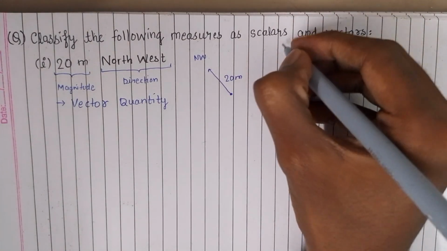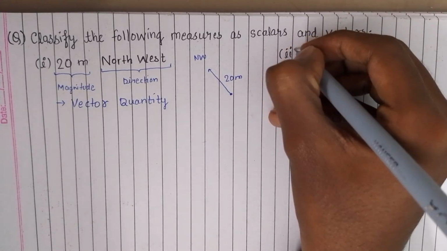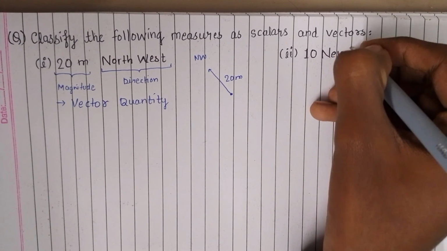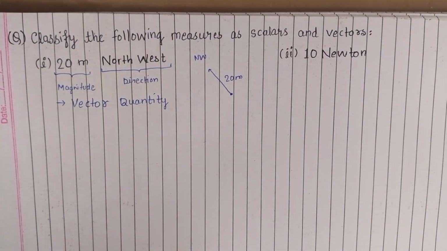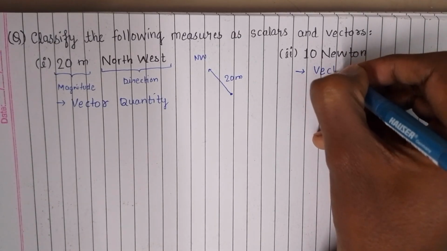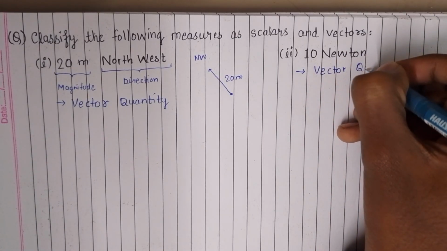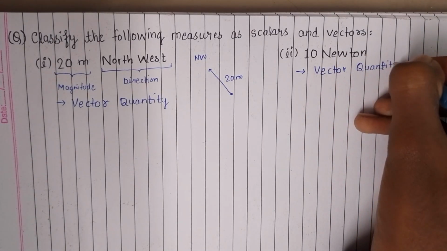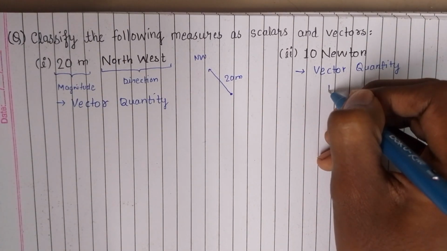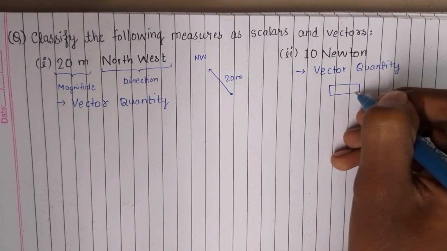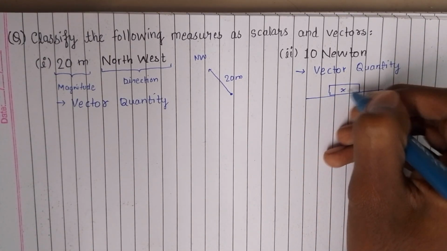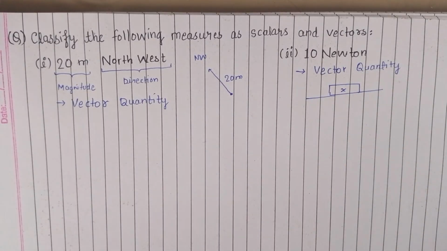We will see more examples of scalars too, like 10 Newton. This is a tricky question. 10 Newton is a vector quantity. Let me tell you how. Newton is the unit of force, remember. And force means mass into acceleration. For instance, there is an object, let's say it is x, and it has mass m.